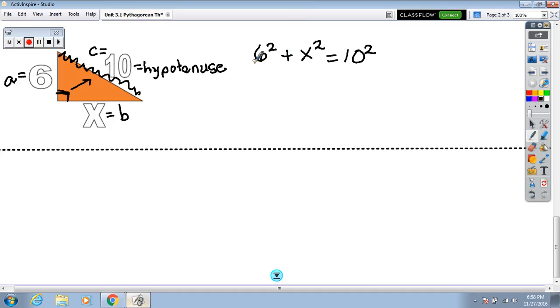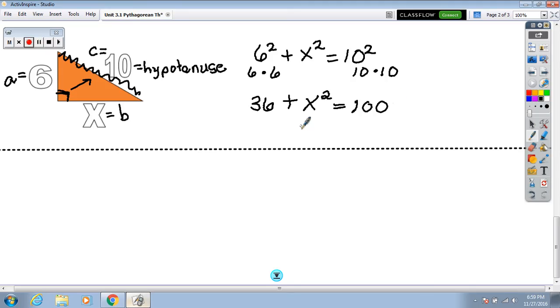Well, I see numbers that are squares, so that tells me I probably can go ahead and do these. 6 squared is the same thing as 6 times 6, which is 36. Plus, well, I can't do anything with x squared, so I'm just going to leave him the same as he was. But I can work with this 10 squared. That is the same thing as 10 times 10, which is 100.